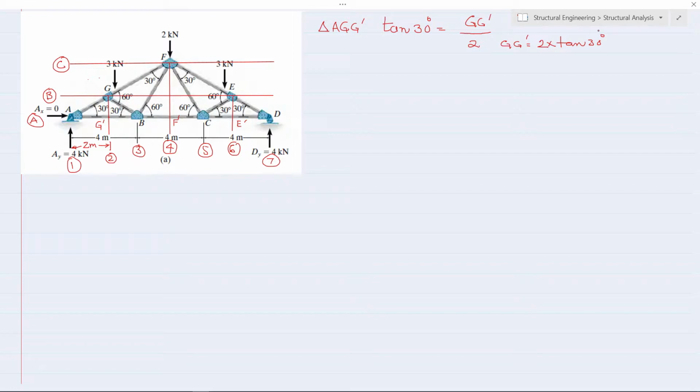So this comes out to be 1.1547. So this value G to G dash comes out to be 1.1547 meters.